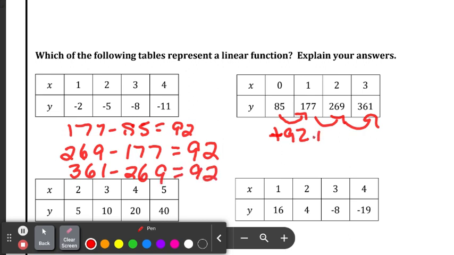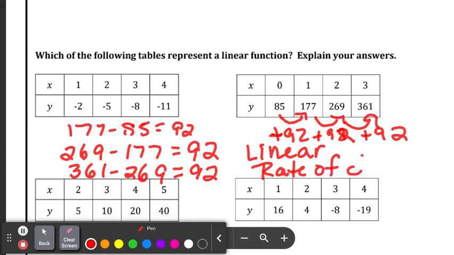So all of these points are going up by 92 on the y. So we would say the same thing as before. It's linear because the rate of change is constant. And I ran out of room, so I'm abbreviating that.